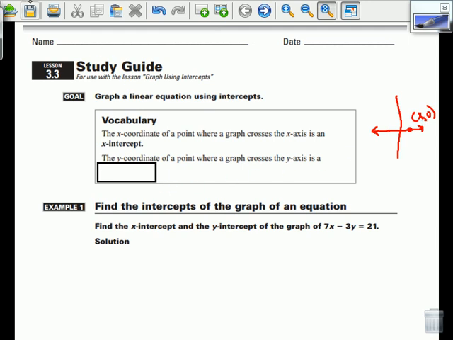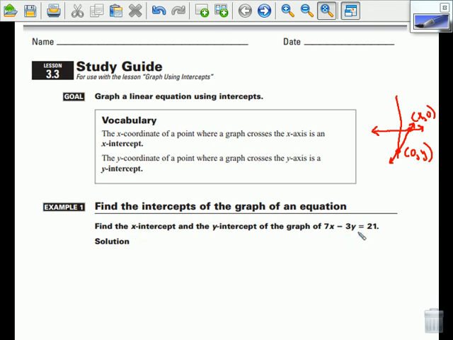And the y-coordinate of a point where a graph crosses the y-axis is called the y-intercept. So we could have it down here, and this would be the point 0, y. As you can see, we could connect these x and y intercepts, and it does form a line. So first we're going to find out how we can actually come up with the x and the y-intercepts of an equation.